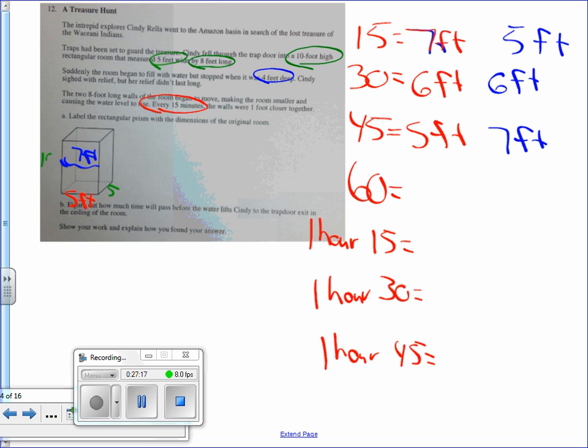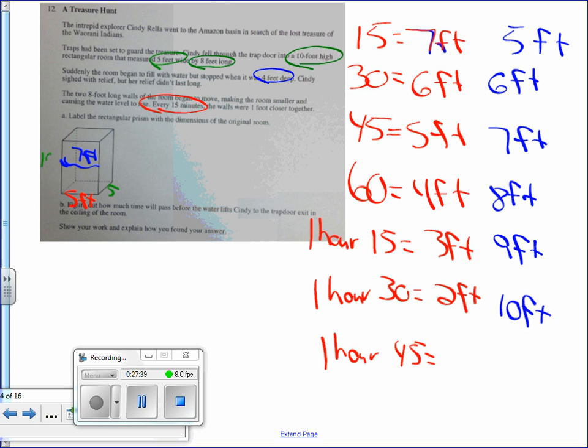You can kind of see the trend. So at 60 minutes, it's going to go to 4 feet. This is going to go to 3 feet. This is going to go to 2 feet. We need to stop once the blue gets to 10 feet. So it's going to rise to 8 feet, 9 feet, 10 feet. That's where the water rises to.